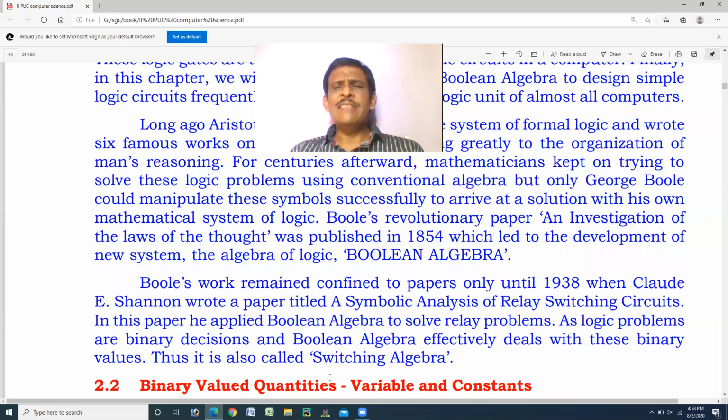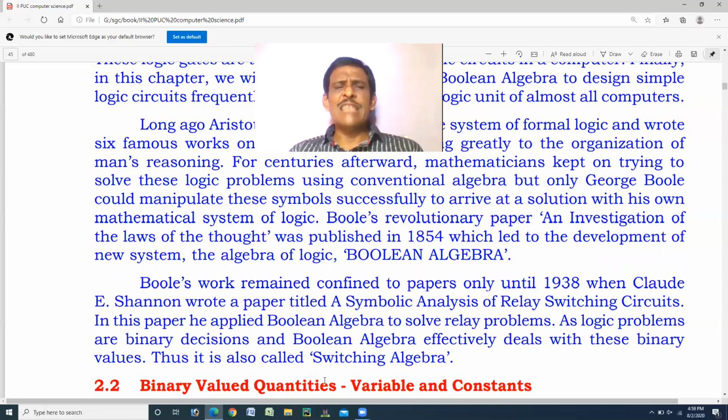In 1938, Claude E. Shannon wrote a paper titled A Symbolic Analysis of Relay Switching Circuits, in which he applied Boolean algebra to solve relay problems.